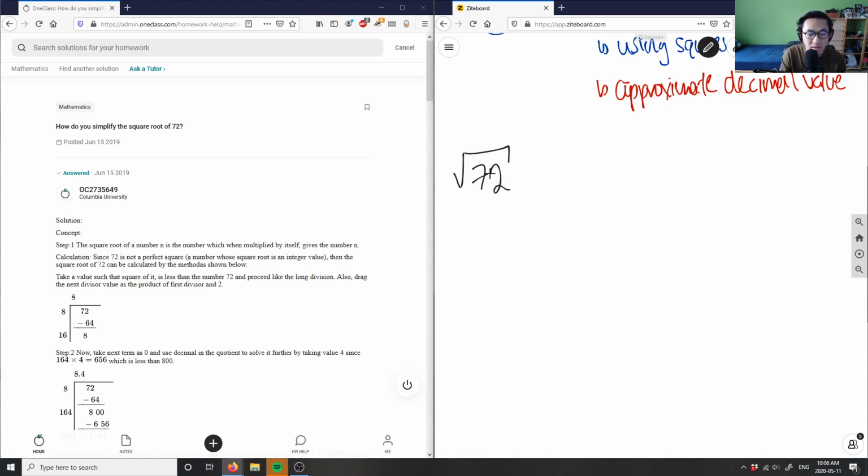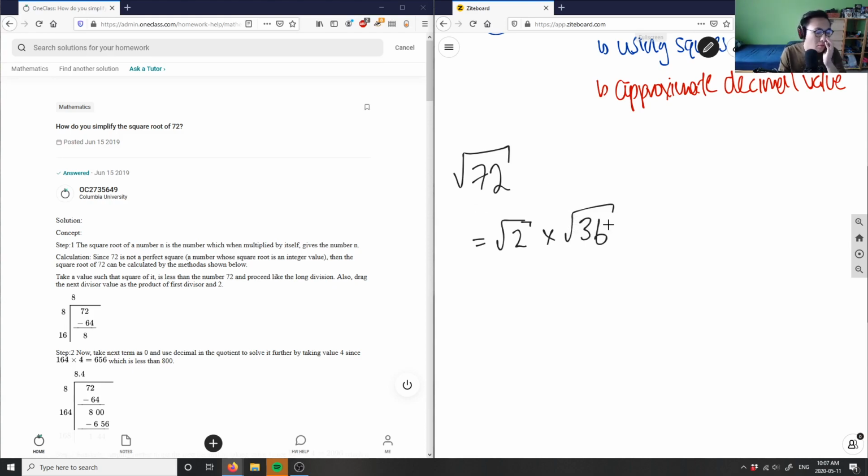I look at 72 and I know it's an even number, so I know it's divisible by 2. So I can divide 72 by 2, and then multiply by whatever 72 divided by 2 is. I'm working backwards here. Now 72 divided by 2 is indeed 36, so I would have the square root of 36, like so.